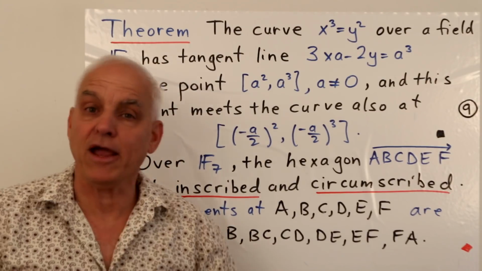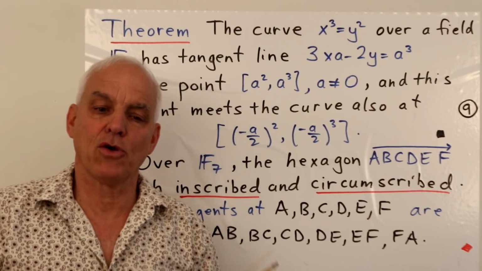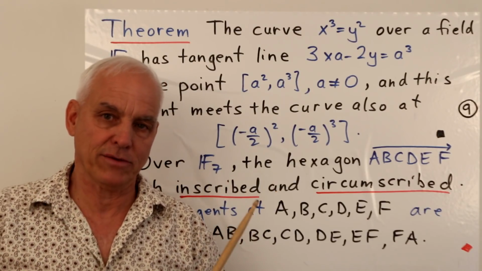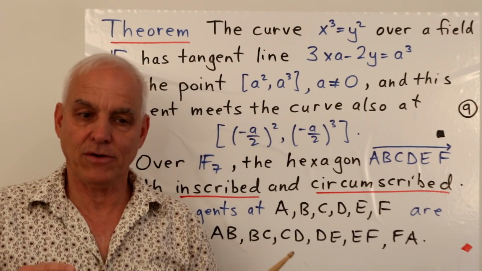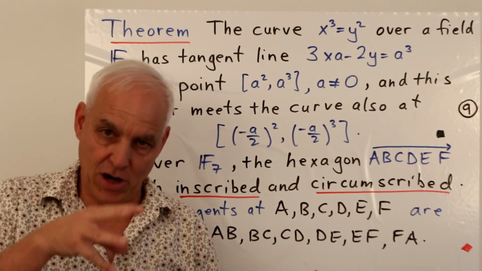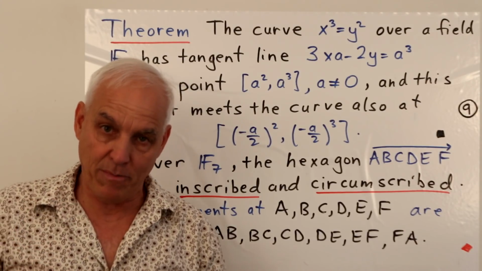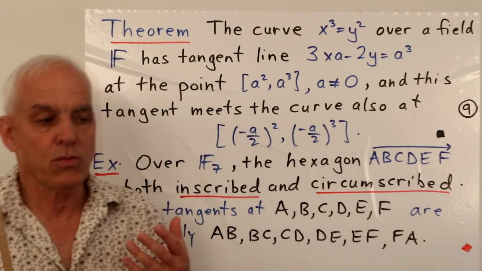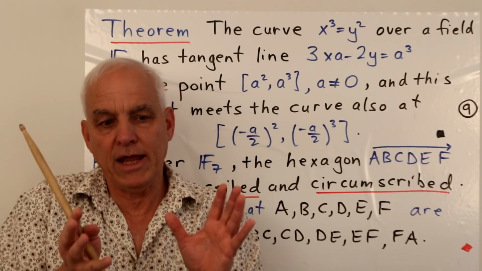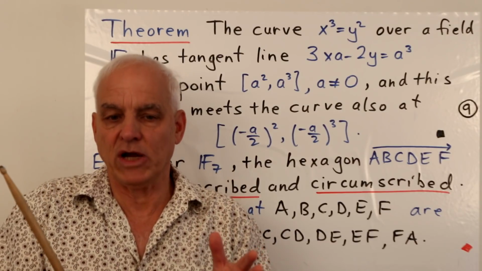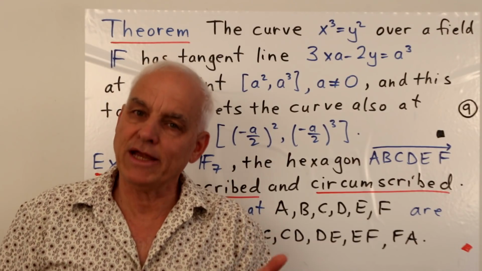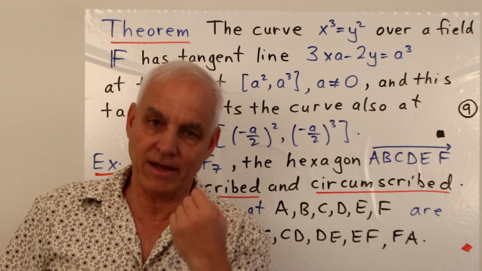You might like to think about whether you can cook up a curve in the regular rational plane that also supports a hexagon with this rather remarkable property. So we see that when we're looking at the finite field situation, number theoretical issues are going to appear in the calculus.